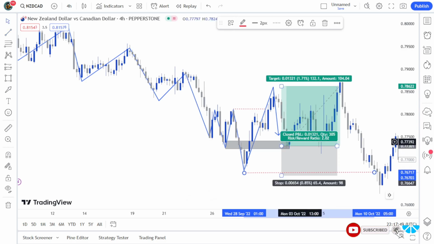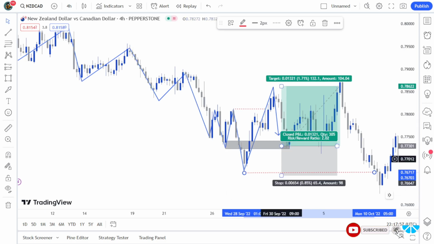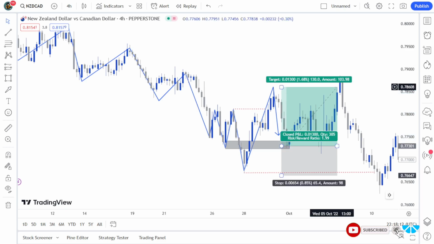Normally, Quasimodo is to make the trend change to another direction. That is, if it's coming from a downtrend and a Quasimodo happens, it goes to an uptrend. That is why your take profit should always be the deepest valley. Price always reaches that point because that's where the liquidity needs to be taken.